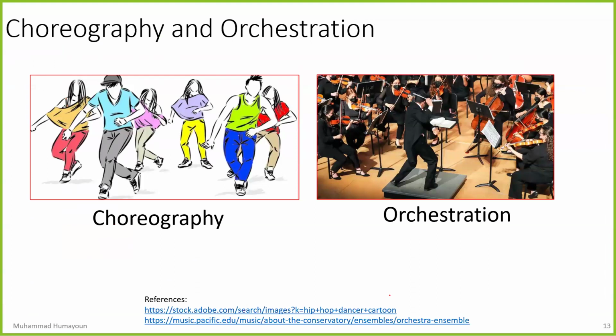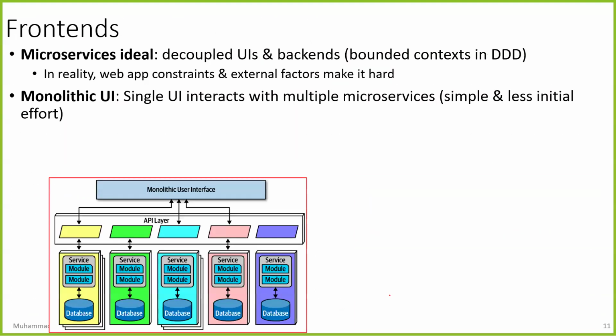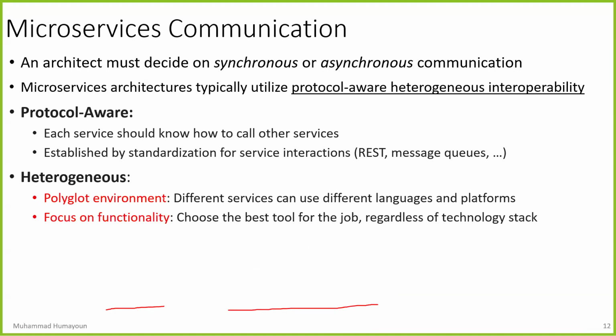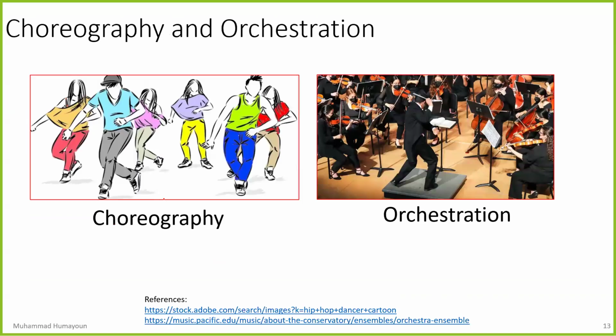Okay, now we also need to talk about, because we have many services, how they work together to achieve the whole functionality. And we are familiar with only two possibilities. It could be choreography, where you consider each person knowing what they're supposed to do. That would be choreography.